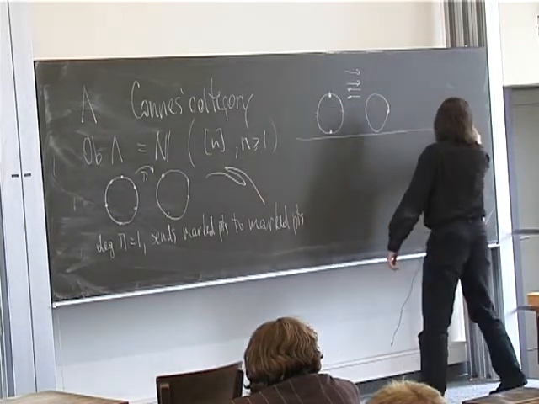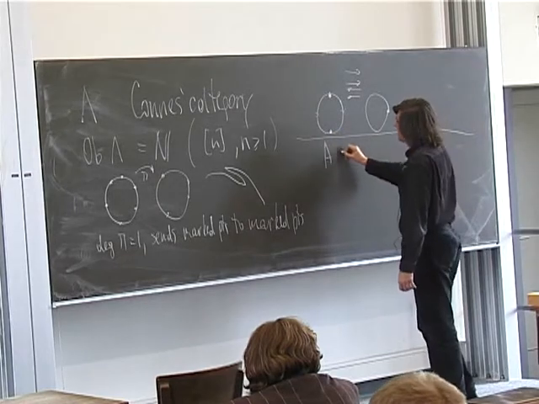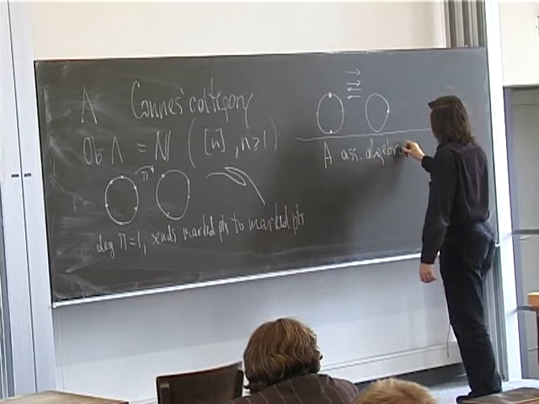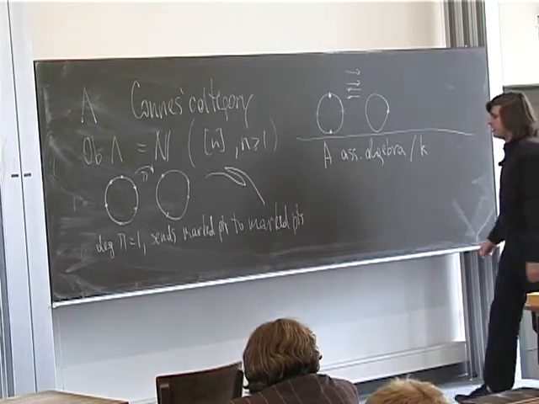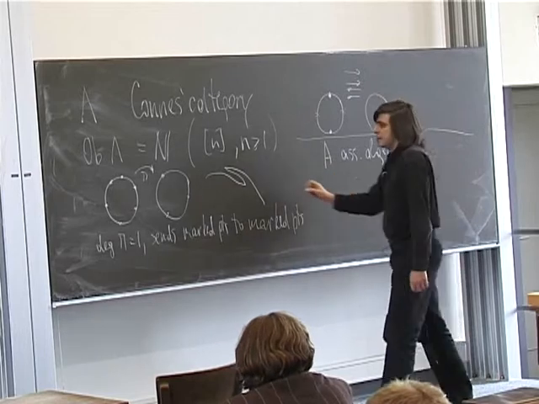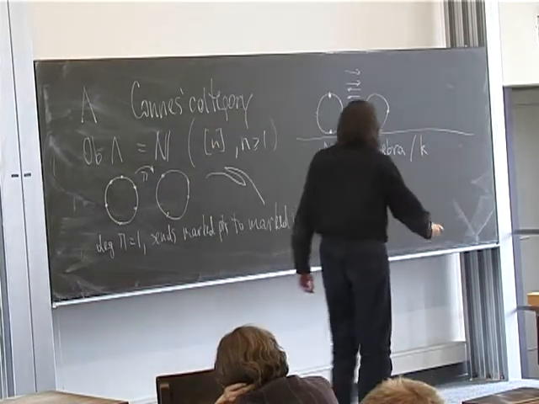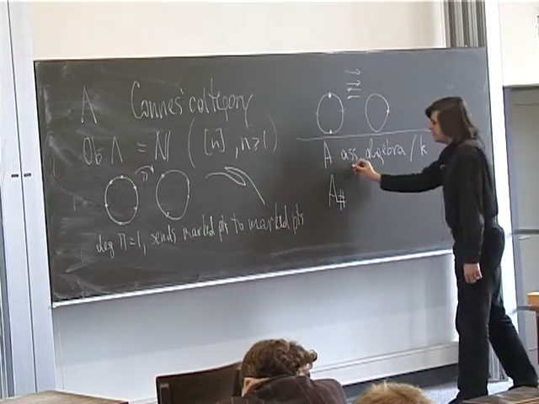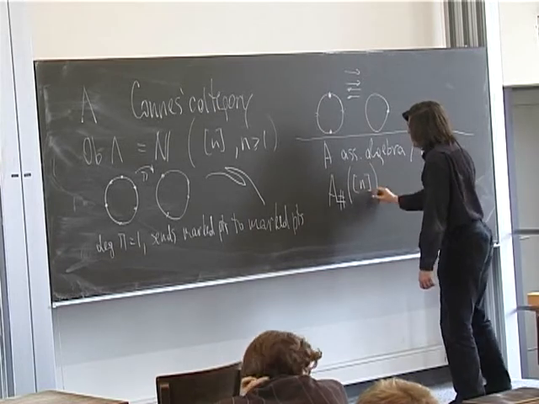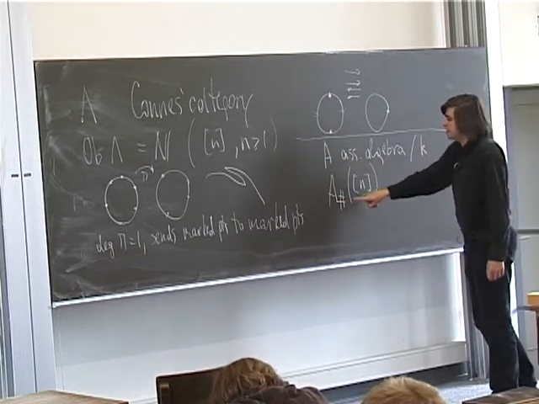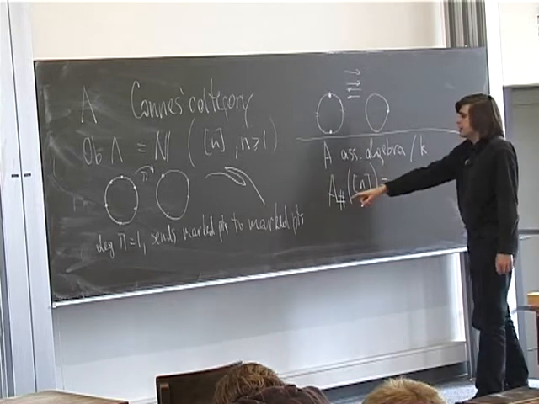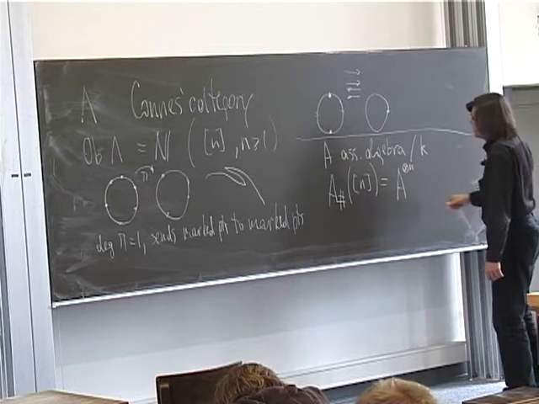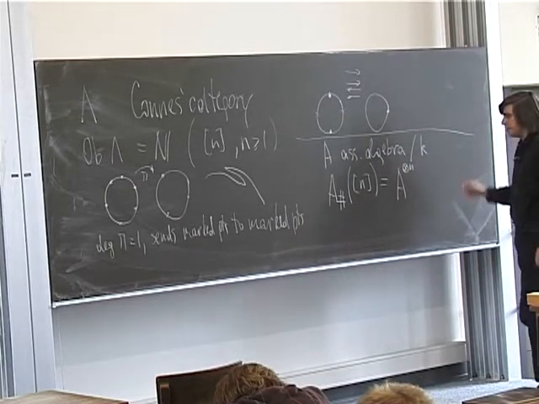Now, if we're given some associative algebra A over K, then one can construct a canonical functor from lambda to vector spaces, which is denoted by a hash. And the definition is like this. So first of all, its values on objects are just tensor powers of A. So for a wheel with n marked points, we get the nth tensor power of A. Just a tensor power is a vector space over the base field.